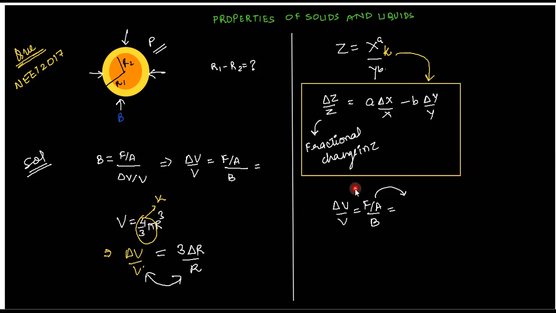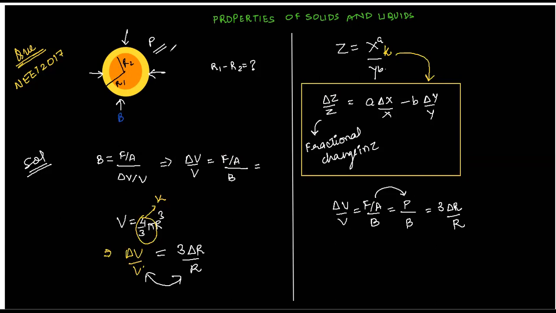So I can replace this F by A by the P value, right? Now P by B will be equal to 3 delta R by R. Am I correct?